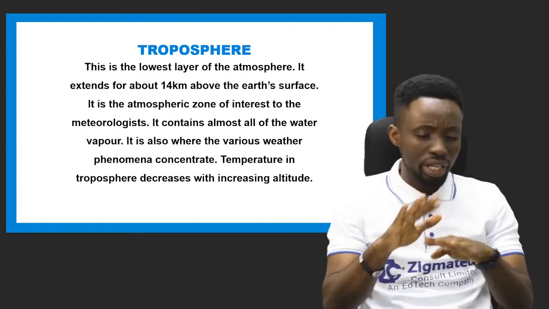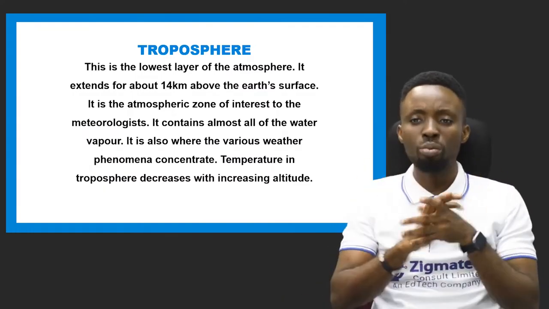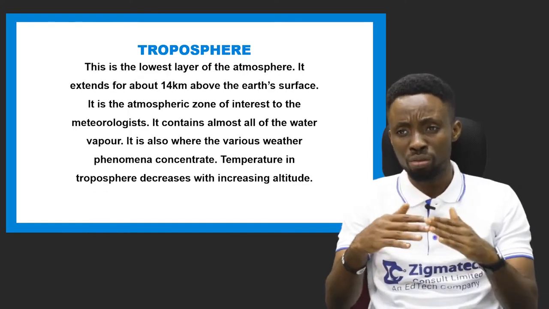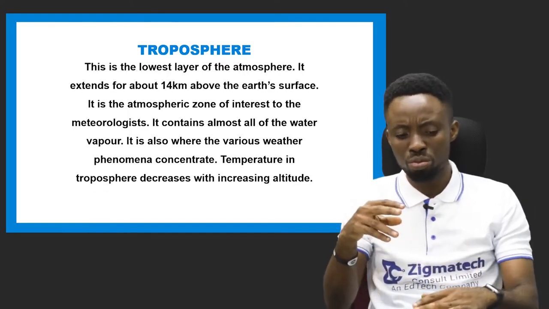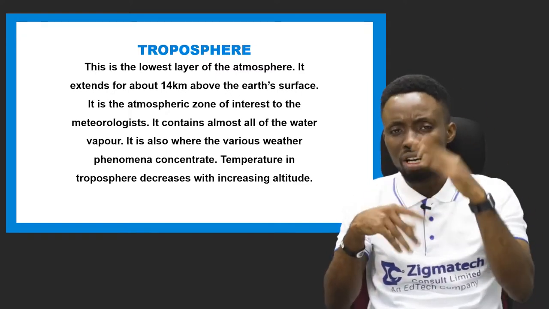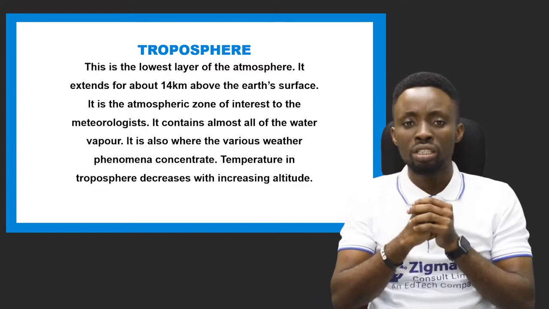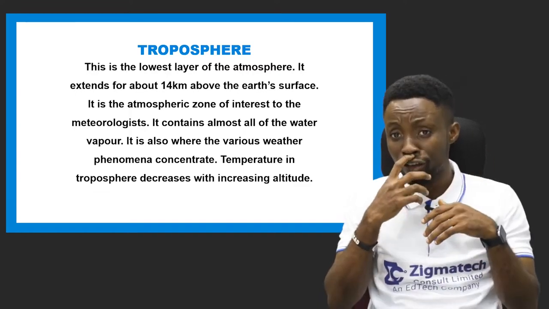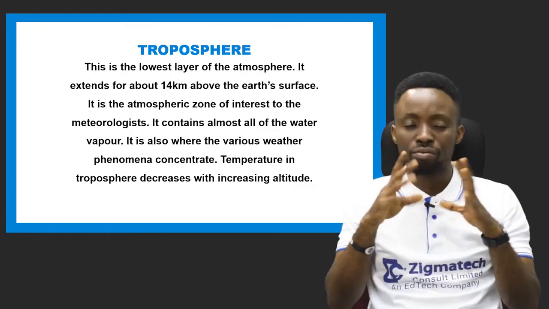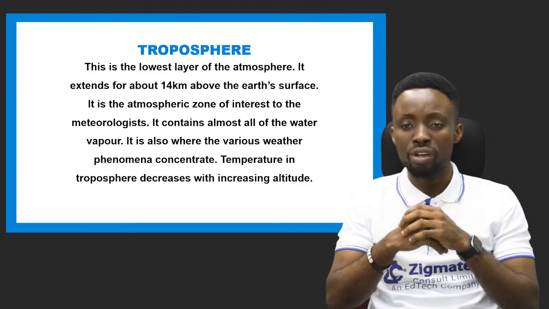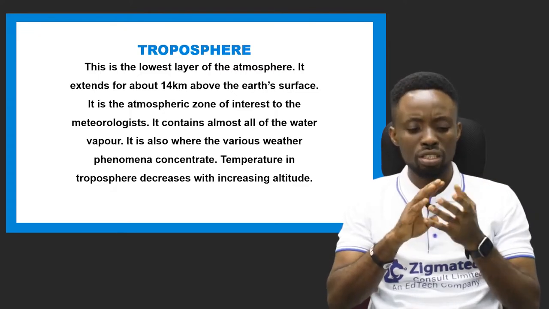Now let's look at the lowest, which is the troposphere. The troposphere extends about 14 kilometers away from the Earth's surface. So as you move from the Earth's surface, you get to a height of about 14 kilometers and above. Once you get to that height, where you have the clouds and rain formation, you've gotten to the troposphere.